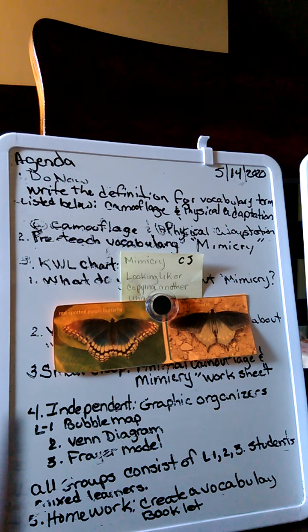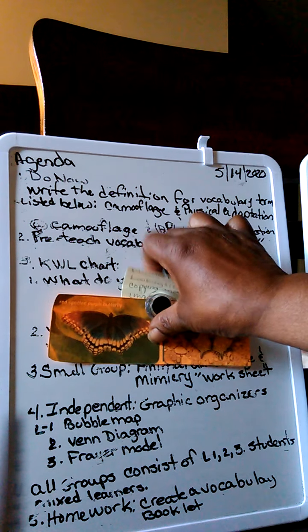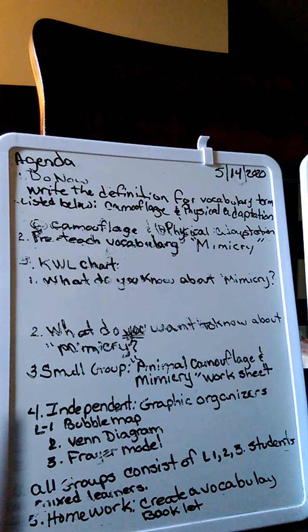Okay, today we're going to work on this KWL chart. You have 3 columns. In the first column, it asks, what do you know? In the second column, it asks, what do you want to know?